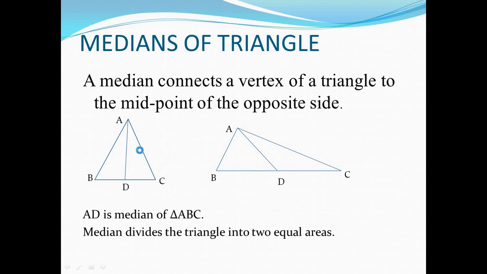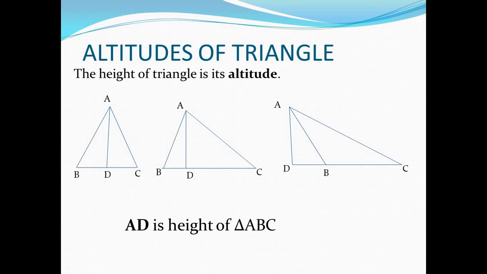Next one is altitude, the altitude of a triangle. Have you heard of the area of a triangle? How to find the area of a triangle? Half of base into height. Yes, the height of a triangle is called the altitude. So in this diagram, ABC is a triangle, AD is the altitude.